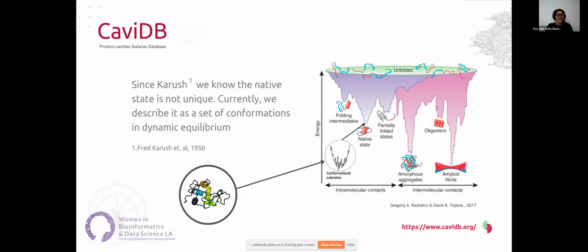So we know since Anfinsen's experiment that there is a very strong relationship between structure and function. Nowadays, we know that there are multiple foldings that can explain the functionality of a protein, as Anna said earlier.